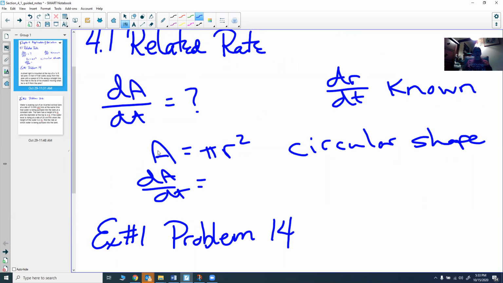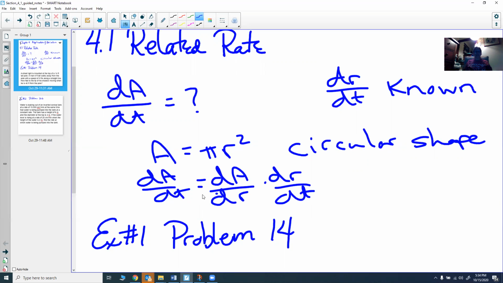Using the idea that area depends on radius, we can take the derivative of both sides with respect to time. Think of it as implicit differentiation. You take the derivative of area with respect to radius, then multiply that by the derivative of radius over time.